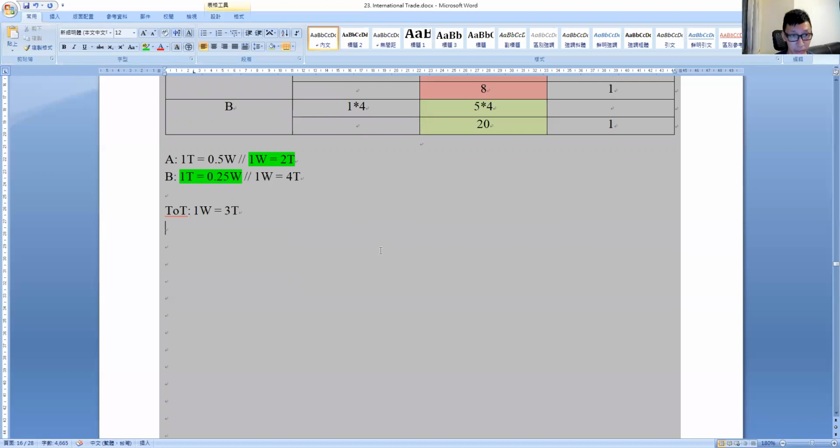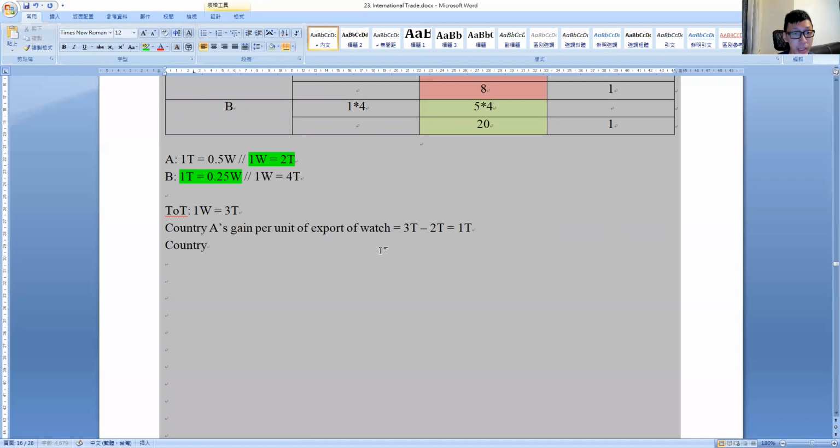Okay, so let's see. Country A's gain per unit of export of watch. Remember, country A export watch would be, now remember, by exporting watch, they get free toy, but the opportunity cost of making watch is 2 toy. Therefore, they gain 1 unit of toy.